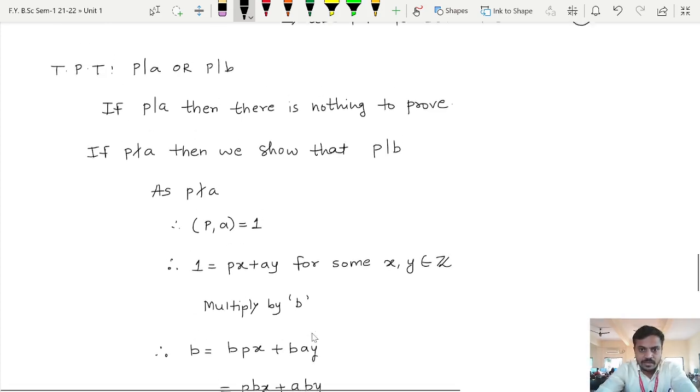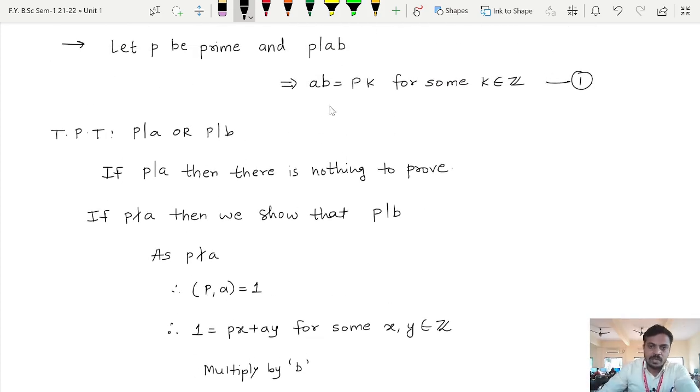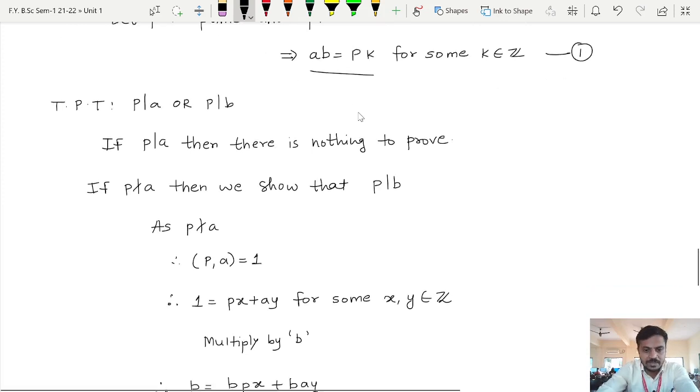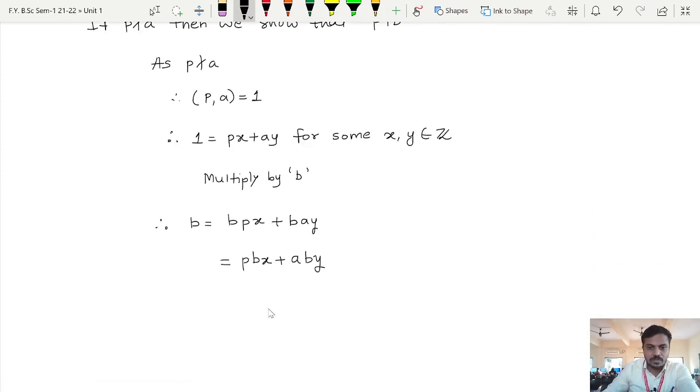Now note that from 1 we already have the value of AB as Pk, so therefore this will be equal to PBx plus Pky. Here we have used 1.